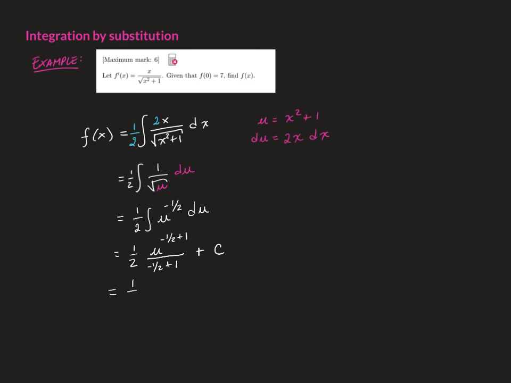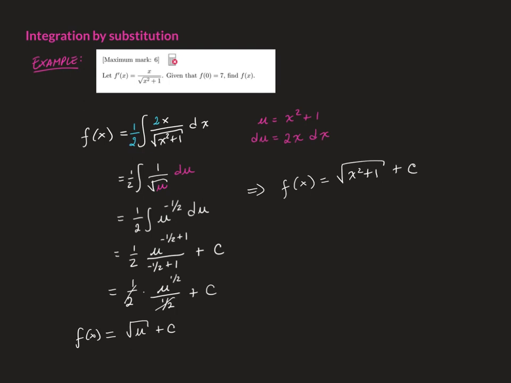This is going to be 1/2 times u to the power of 1/2 divided by 1/2, plus c, and 1/2 will cancel with 1/2, and this is the square root of u plus c, which I can substitute back, and we get f of x as the square root of x squared plus 1 plus c.